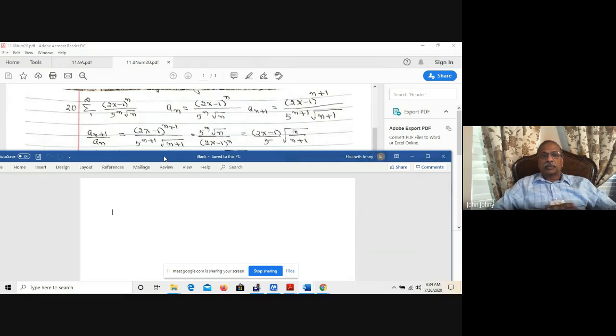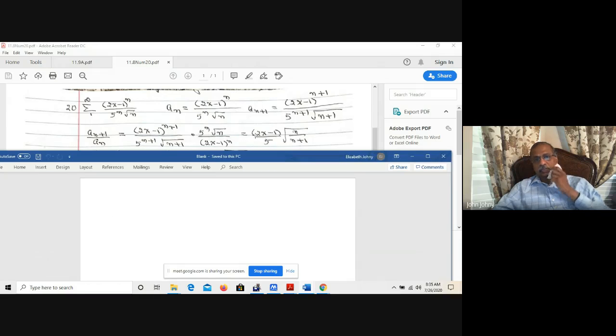So times 5 to the power of n times square root of n divided by (2x minus 1) to the power of n. In the numerator, you have (2x minus 1) to the power of n plus 1. In the denominator, it is (2x minus 1) to the power of n. So the leftover will be (2x minus 1) to the power of n plus 1 minus n, which is 1.